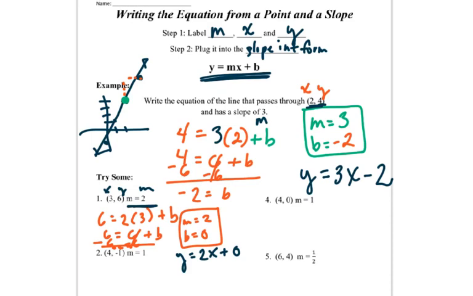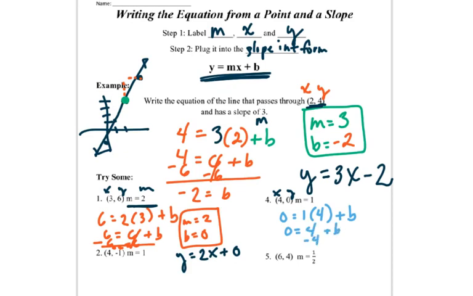Okay, let's try the same thing. Let's go to number 4. So in number 4, same thing. We have an x and a y. Then we have an m, which is labeled for my slope. So the equation is y equals m times x plus b. 1 times 4 is 4.